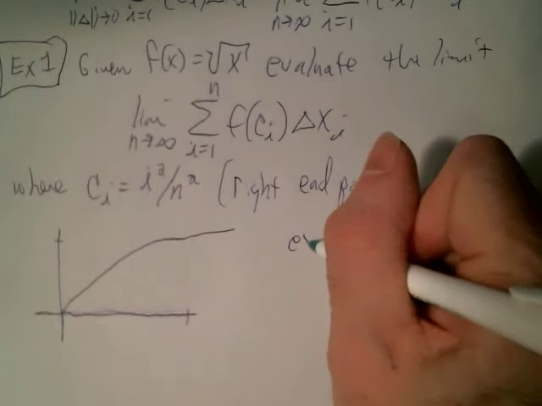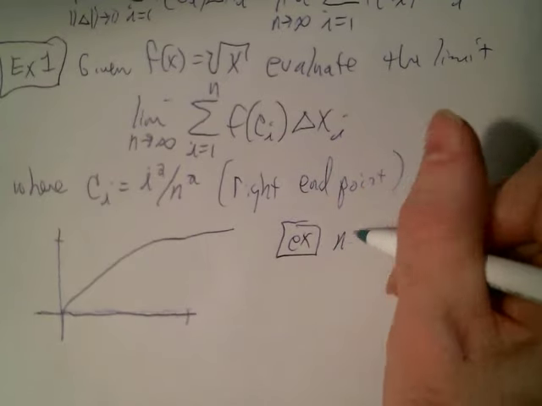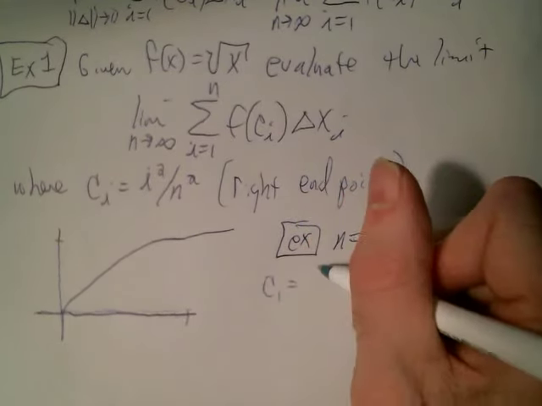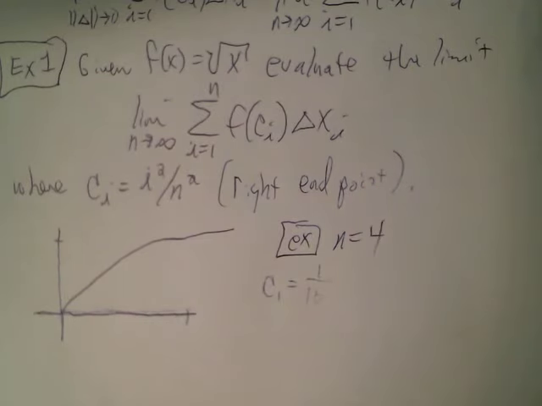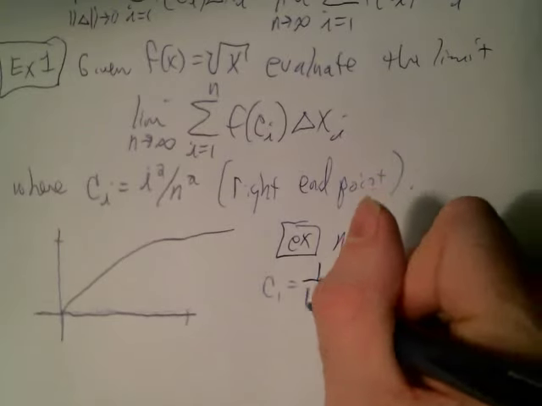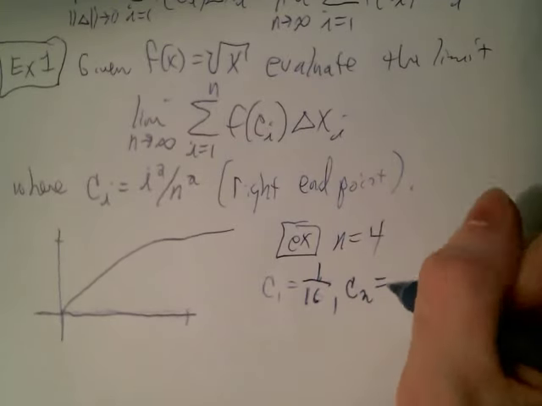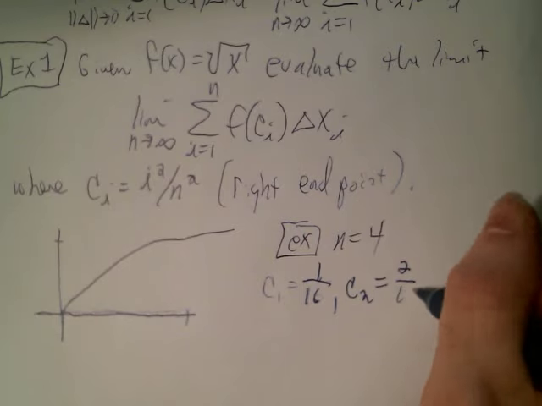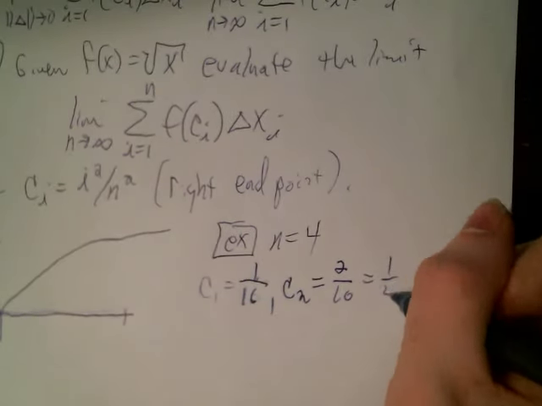So for example, if we have n equals 4, then c sub 1 will be 1 all over 16. And another pen just died. C sub 2 will equal 2 all over 16, which is 1/4.